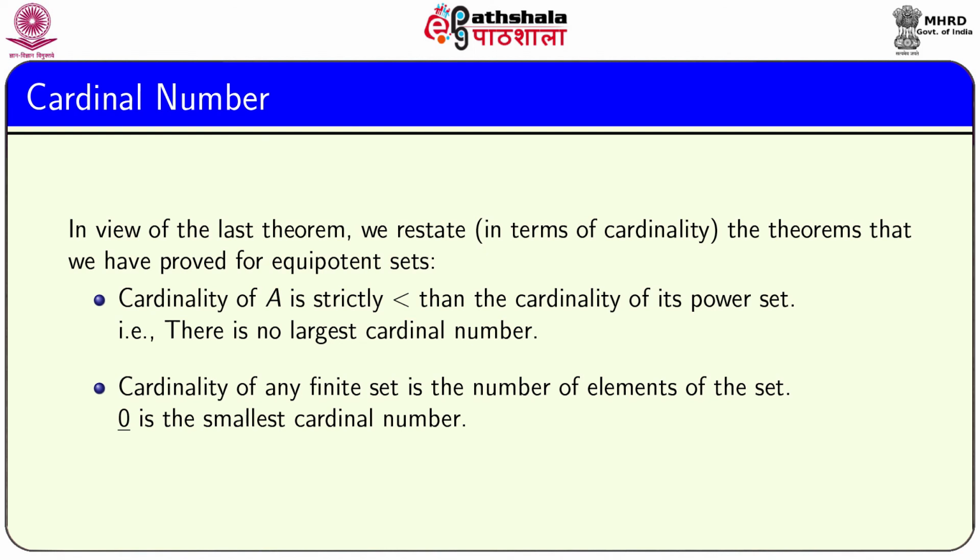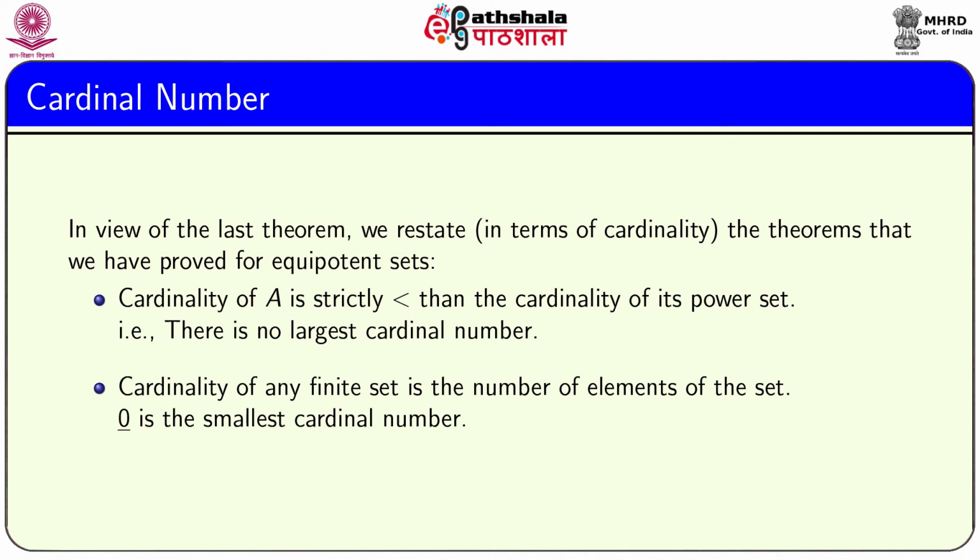In view of the last theorem, we may restate in terms of cardinality the theorems that we have proved for equipotent sets. The cardinality of A is strictly less than the cardinality of its power set.